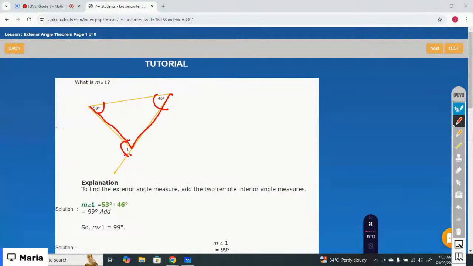The exterior angle of a triangle equals the sum of the opposite two interior angles. So for this angle, these are the two opposite interior angles, you need to add them so you can find angle 1, right?